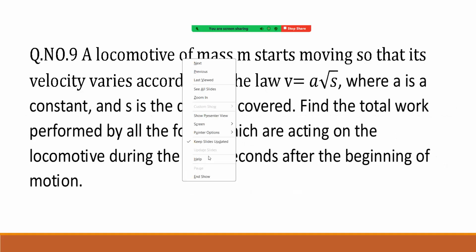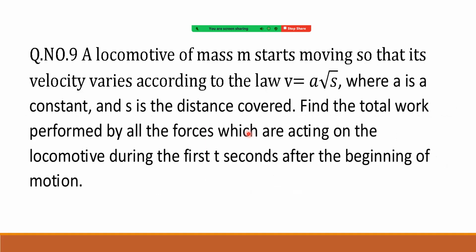Right. This question is taken from Irodov. See once. A locomotive of mass m starts moving so that its velocity varies according to the law V equal to a root S, where a is a constant and S is the distance covered.